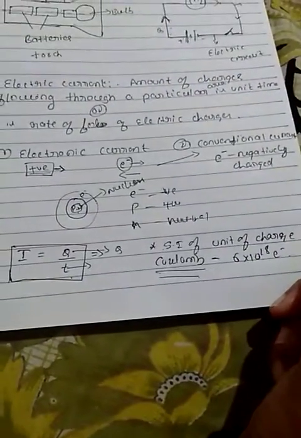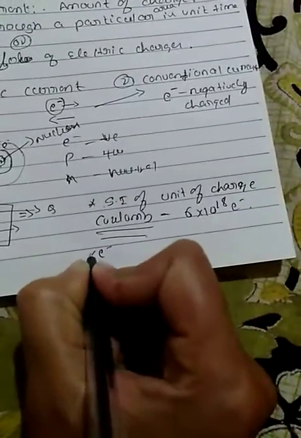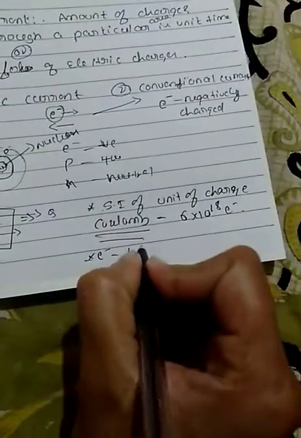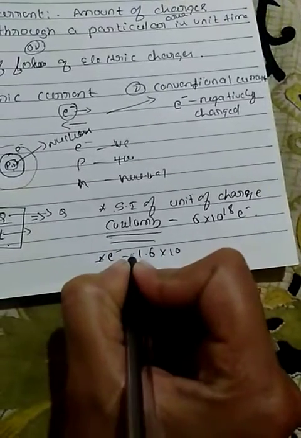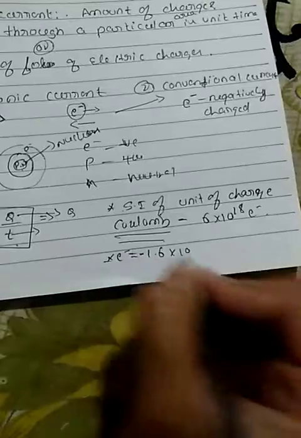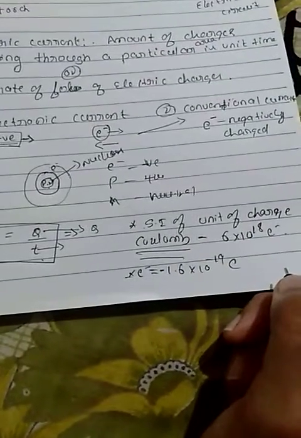And one more thing: an electron possesses a negative charge, and its charge is minus 1.6 into 10 power minus 19 coulomb.